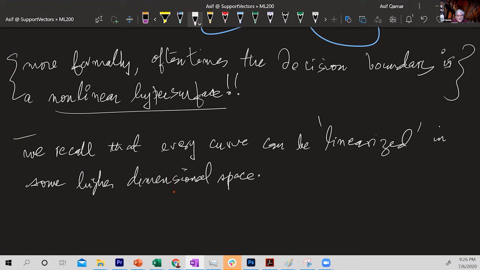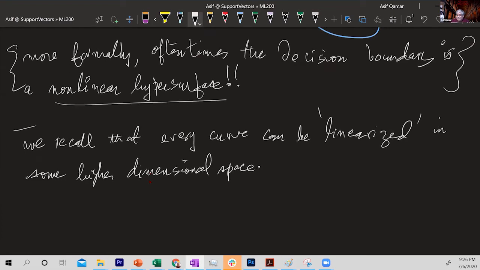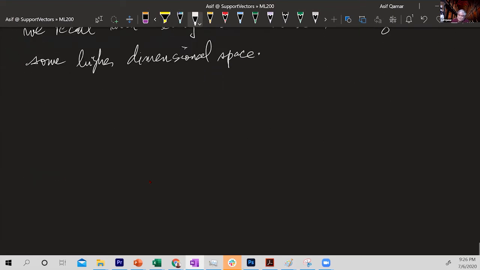So I always say, in a very silly analogy, that every curve, and therefore by generalization a hypersurface, there exists a higher dimensional mother space in which that curve becomes linear. And I'll illustrate it with an example that you have seen. So suppose you have a parabolic curve like this, right?